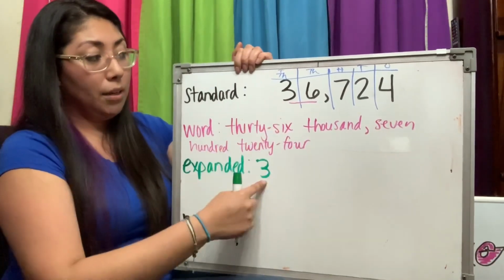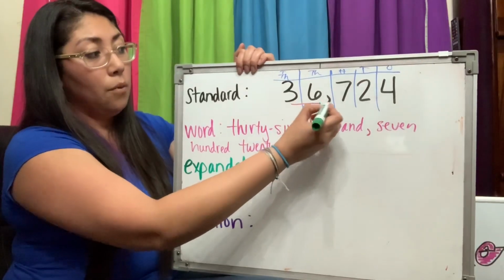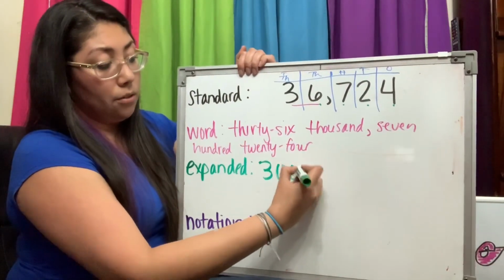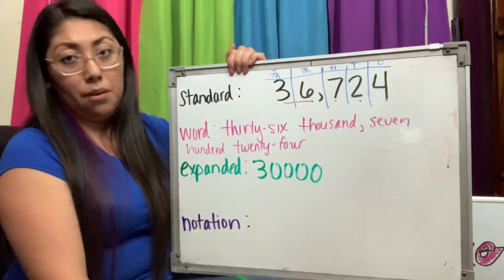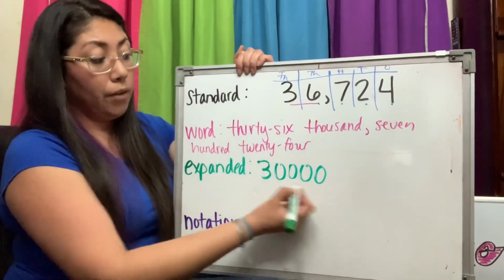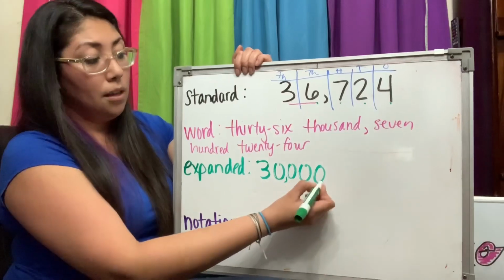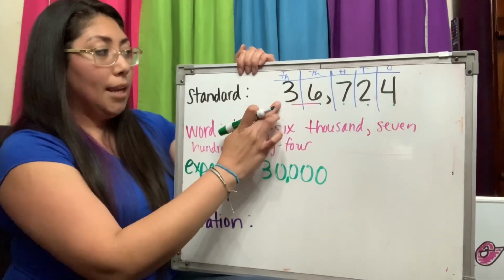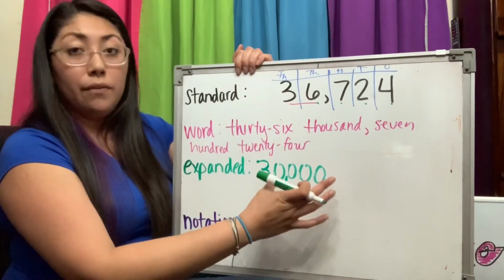So we bring that 3 down. If I have 1, 2, 3, 4 places after it, those are going to be my zeros, and don't forget to put the comma in its proper place. So 1, 2, 3, cha cha cha. That 3 in the 10,000s has a value of 30,000.